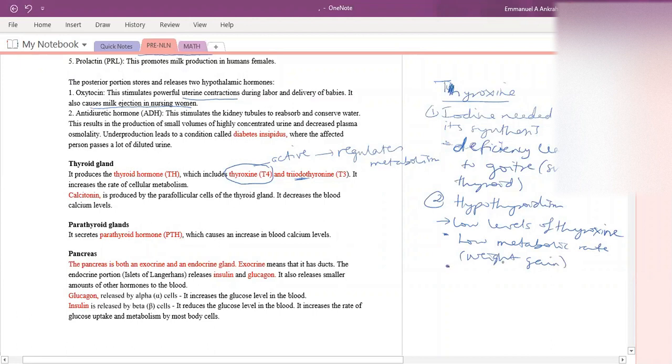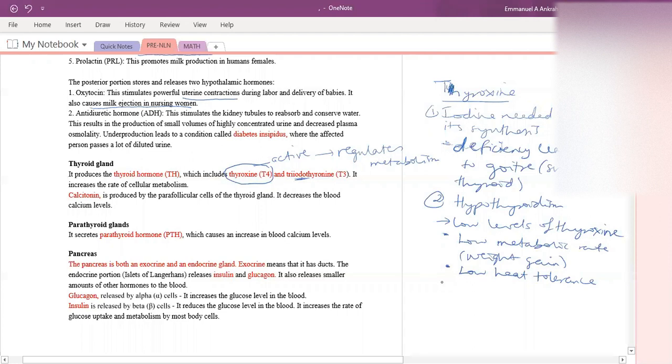Okay. Low metabolic rate. Then they cannot tolerate heat, so low heat tolerance. Usually when you're cold, you generate heat to warm up. But because their metabolic rate is low, they cannot generate enough heat. So let's say you're sitting in the class, the temperature in the room is okay, but they will tell you that it's too cold here, because they are not generating a lot of heat for themselves.